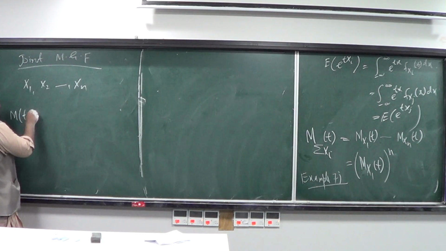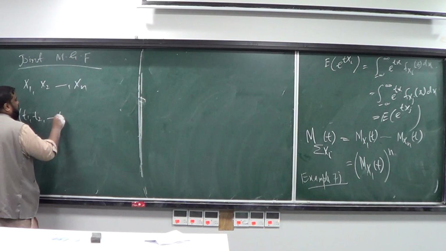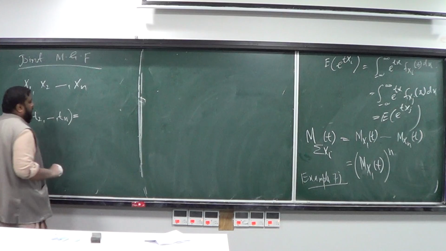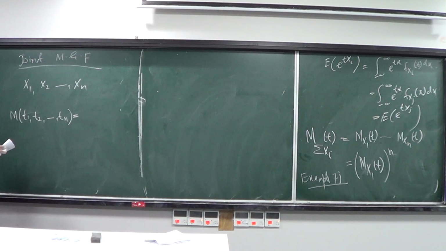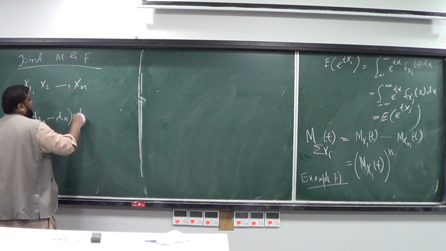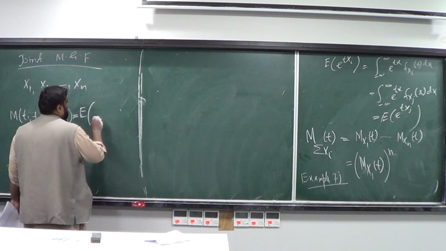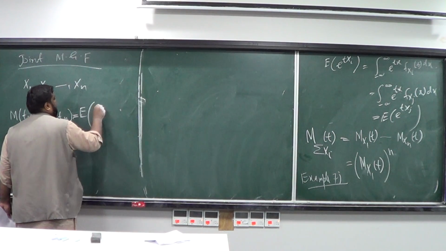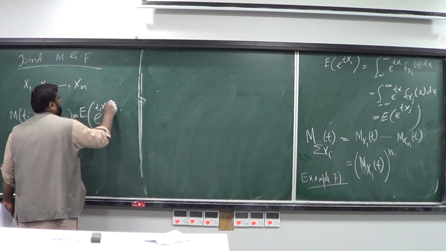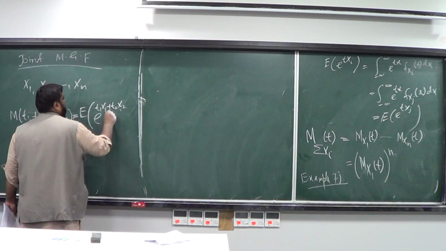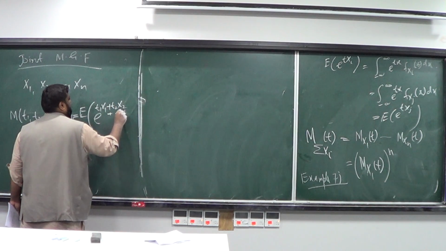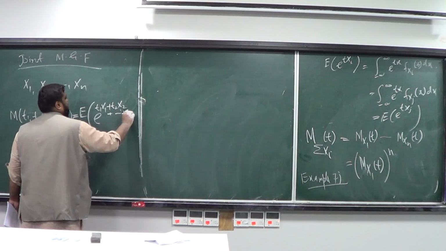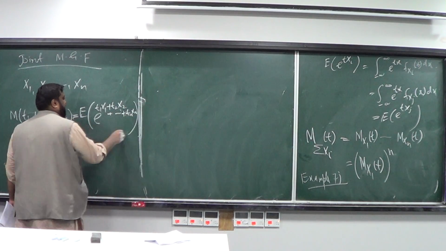So m of t1, t2 up to tn is defined as the expectation of e to the t1 x1 plus t2 x2 plus so on and so forth plus tn xn.